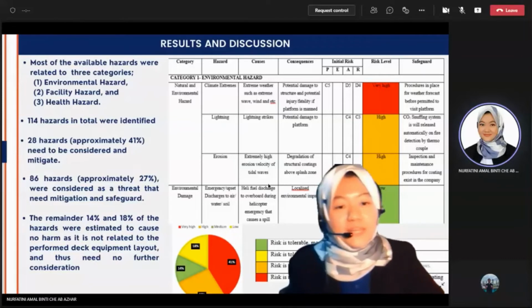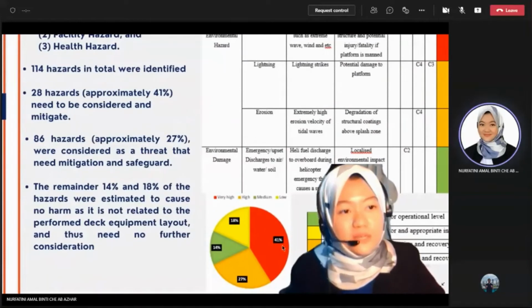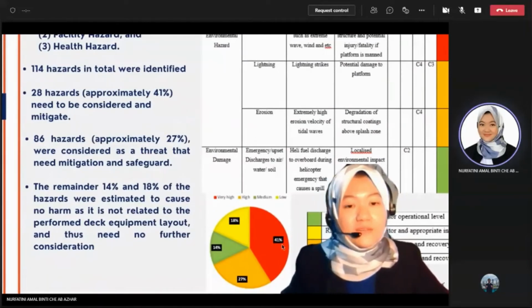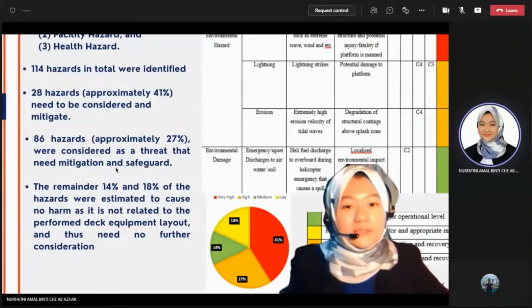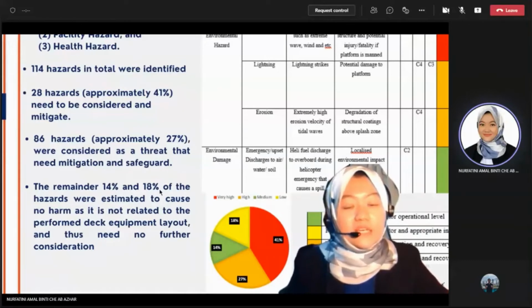And as you can see in the pie chart here, 41% contributes to very high risk level, followed by 27% of medium risk, and then the remainder will be 14% and 18%, which are hazards estimated to cause no harm as they are not related to the performed deck equipment layout, so no further consideration or mitigation is needed.